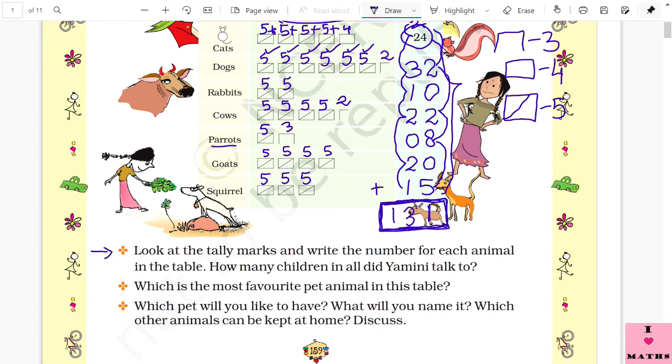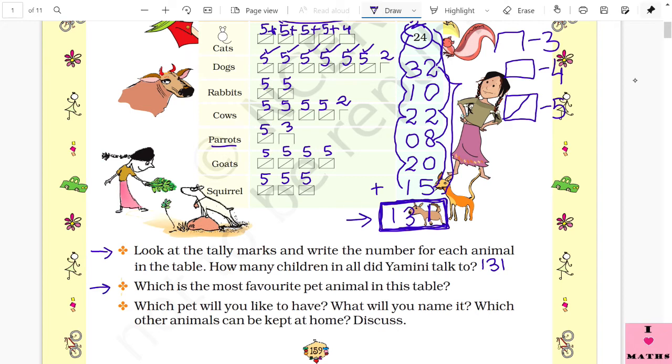Okay, let us read this. Look at the tally marks and write the number for each animal in the table. How many children in all did Yamini talk to? Children, the first portion of the question we have already done. Now, how many children in all did Yamini talk to? That too we have already added. So we know that Yamini talked to 131 children.